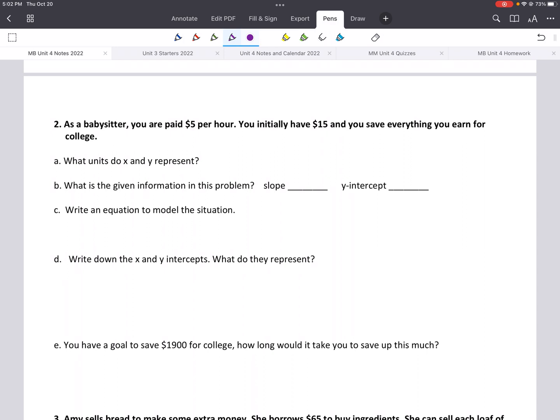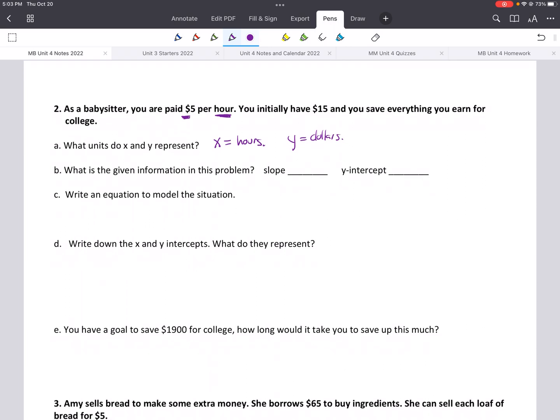Okay, so it looks like we have dollars and we have hours. So just a reminder, x is always time if it's involved. And then dollars has got to be what's left. Okay, I don't think I ask you maybe to do that on the homework, but I think it's a good idea.